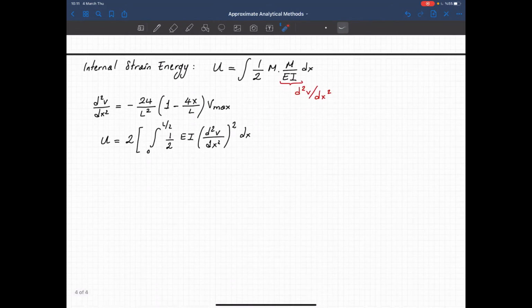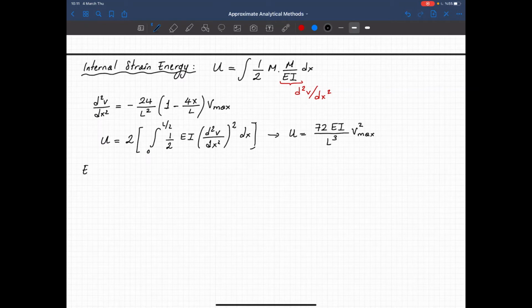And you do all these calculations, and at the end of the day we obtain U as equal to 72 EI over L cubed Vmax squared. Okay, so that's the internal strain energy.